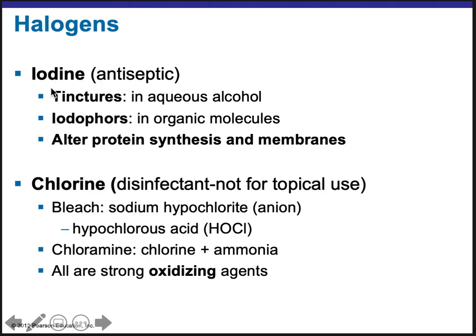You will see quite often a tincture of iodine, which would be iodine in alcohol, that's used to clean the skin of a patient that's about to have a procedure, like a surgery. We'll see also iodophors, which is instead of mixing it in alcohol, you're mixing it in some other organic solvent.